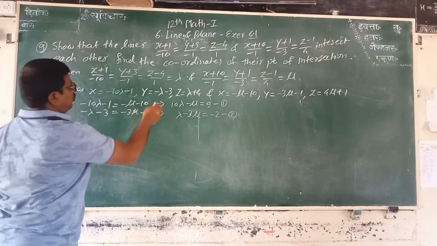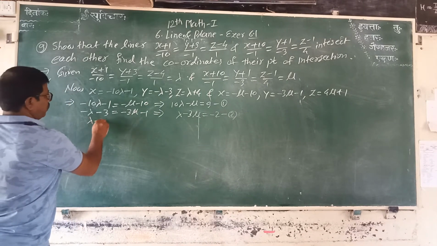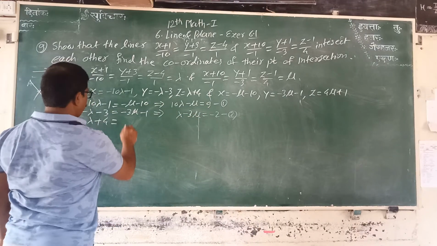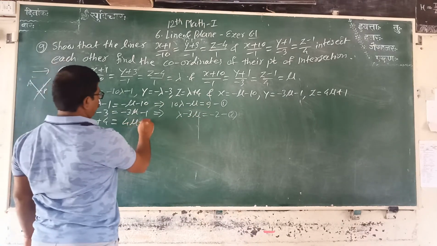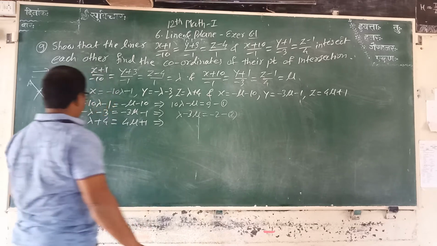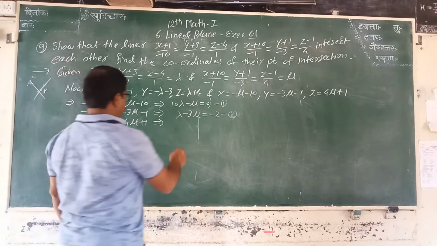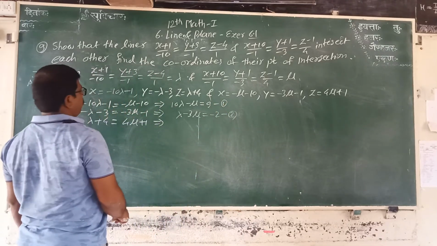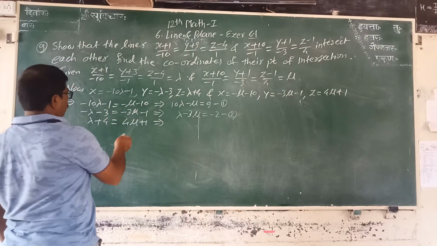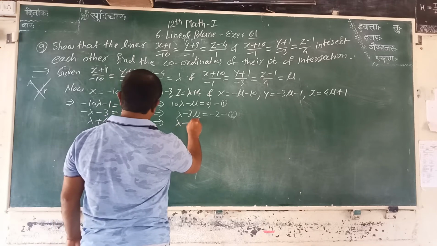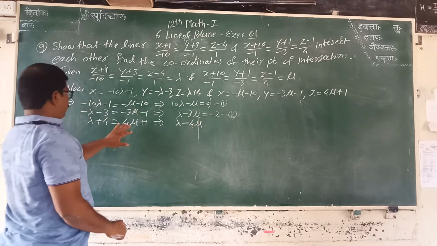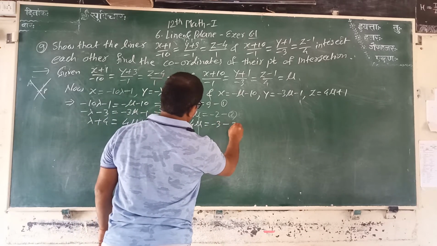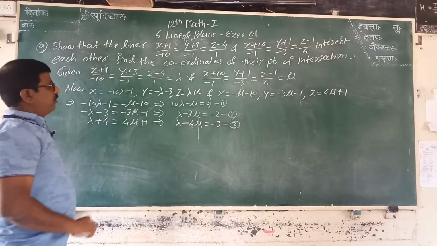And after all, we take the last equation: lambda plus 4 is equal to 4 mu plus 1, which implies lambda minus 4 mu is equal to minus 3. This is equation number 3.